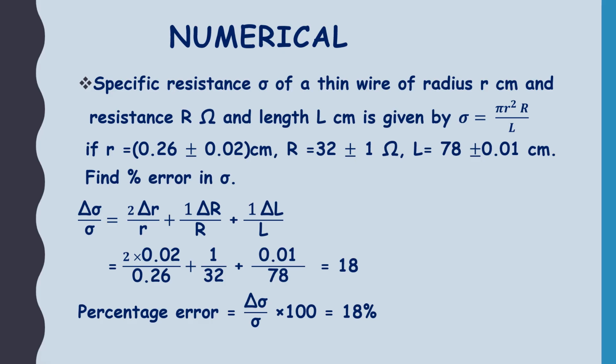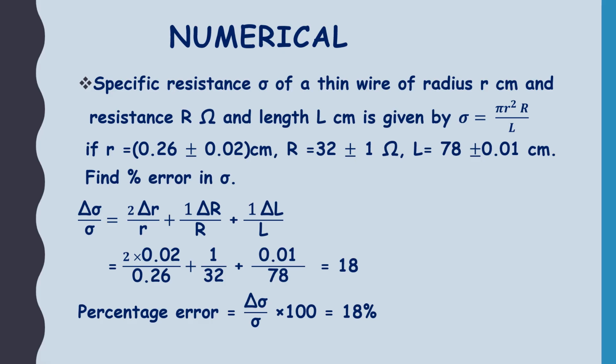The power of small r is 2 and the power of capital R is 1 and of L is 1. So by applying the formula of the previous slide, you have the power 2 into the fractional error in small r, that is delta r by r, plus the power of capital R, which is 1, multiplied by the fractional error in capital R, plus the power of L, that is 1, multiplied by the fractional error in L.